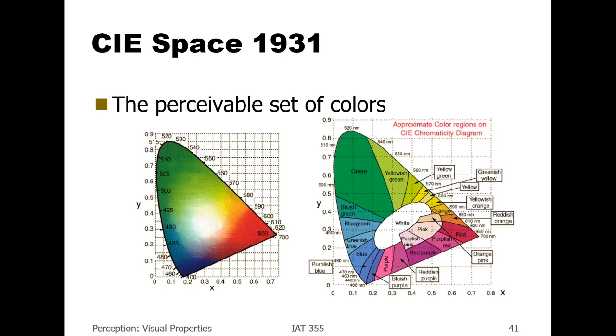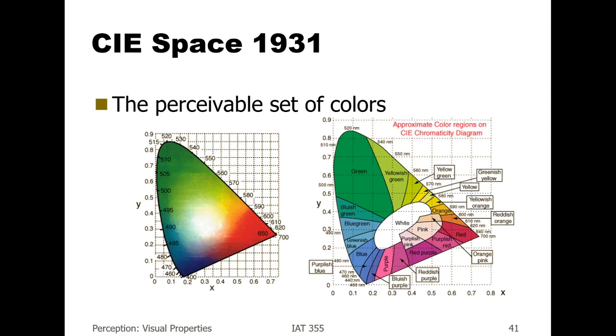Over on the left, in the bottom left, we see the blue end of the spectrum, and around the smooth periphery here, we see the progression of light wavelengths from 400-ish to 500, down over to here to 600 to 700, and those are the spectrally pure colors, the kinds of colors that you would get by shining a white light through a prism.